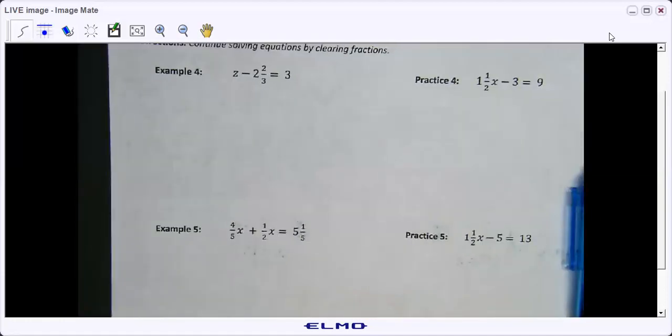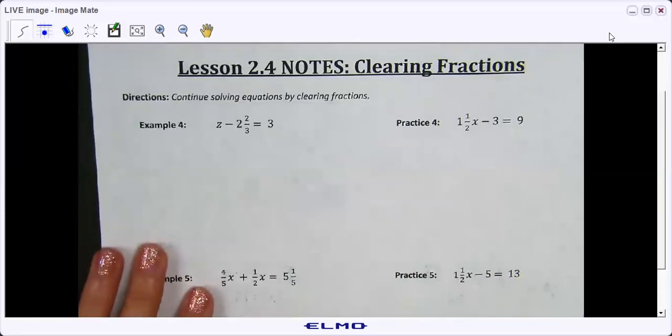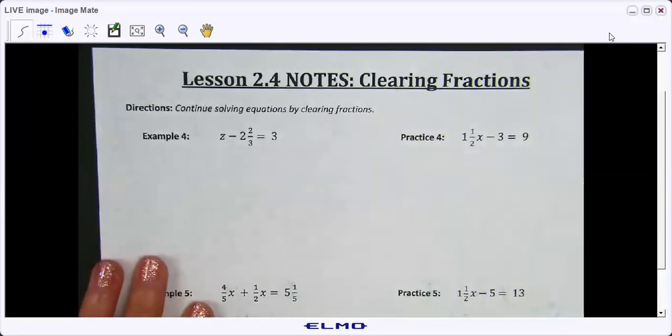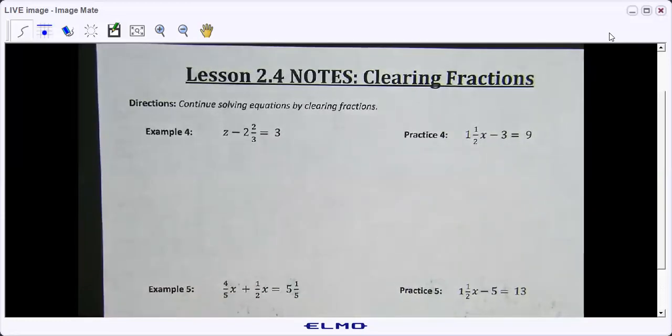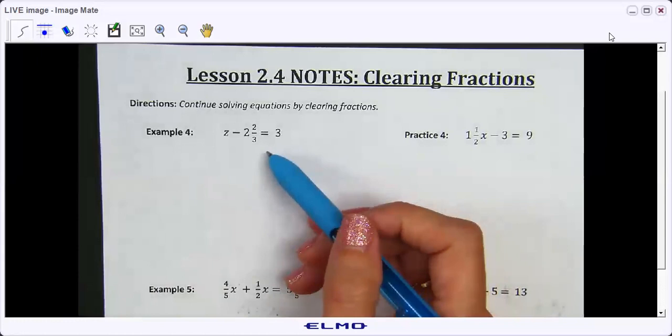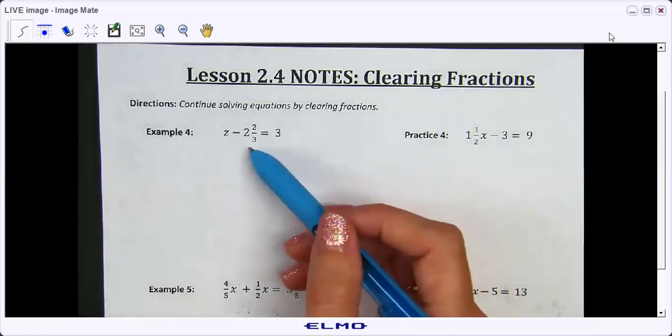Now, what happens if you have mixed numbers in your problems? Yeah, you have to make them into improper fractions. So let's make these two into improper fractions, then I'm gonna have you solve it. So can somebody in your own words tell me how to turn a mixed number into an improper fraction?